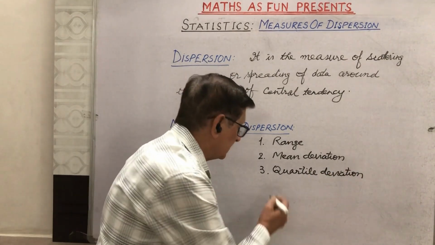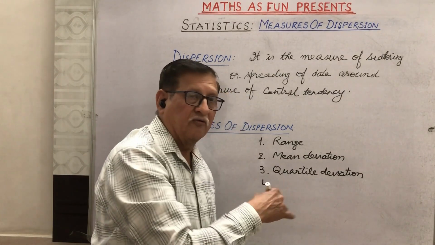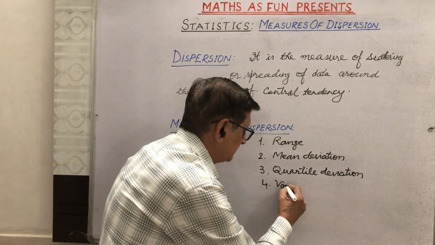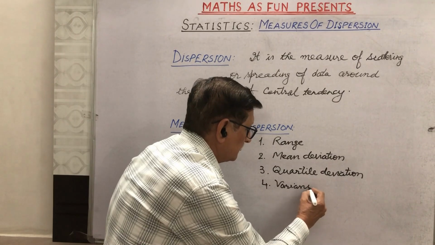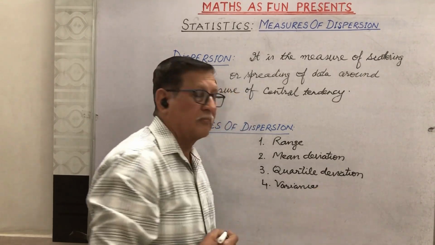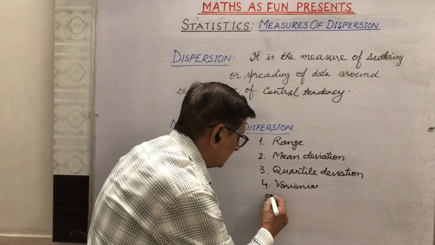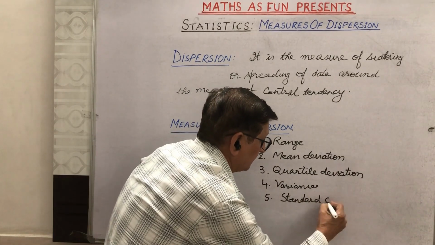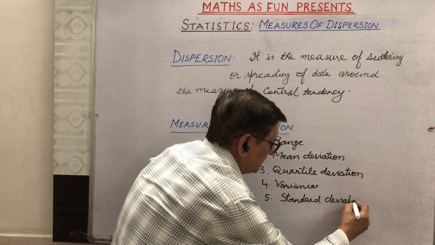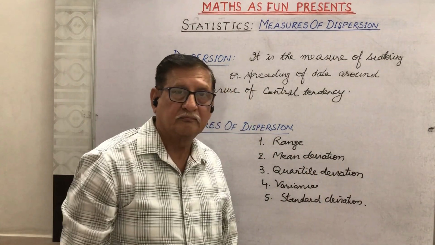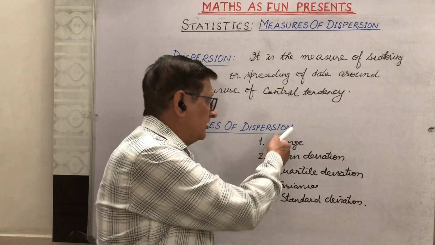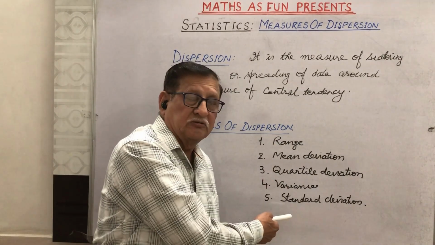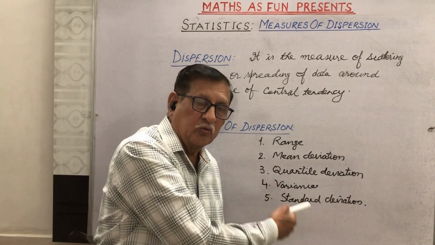The next is the variation or variance. And the next is the standard deviation. Now we will be learning about all these measures of dispersions one by one.